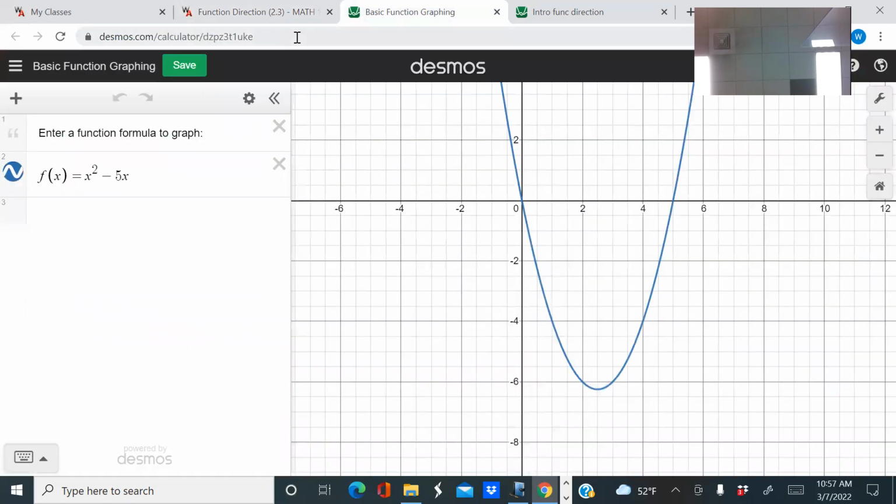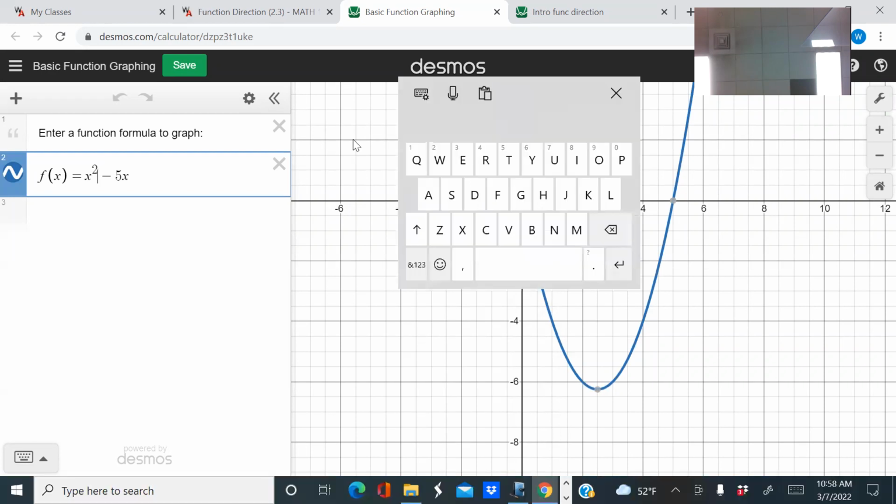If you click on that link that's in the instructions at the top, you get this screen, which allows you to make a graph. So let's see if we can graph this one.